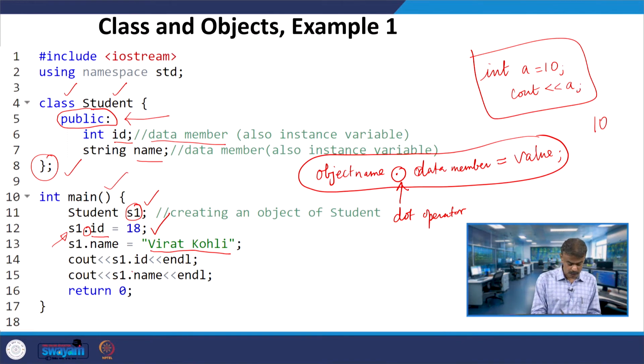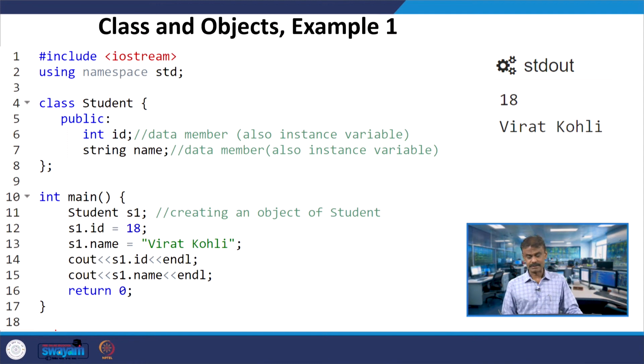In a similar way, you are printing out S1 dot id and another one is S1 dot name. When you compile and run this code, we will get the output 18 and Virat Kohli.